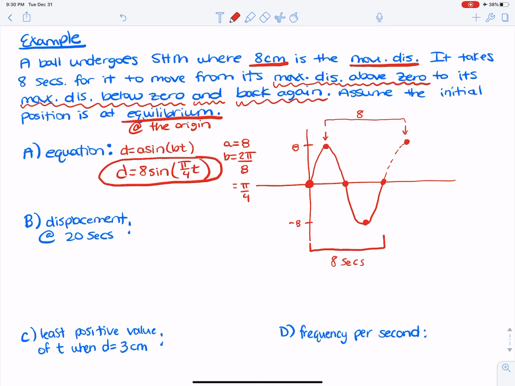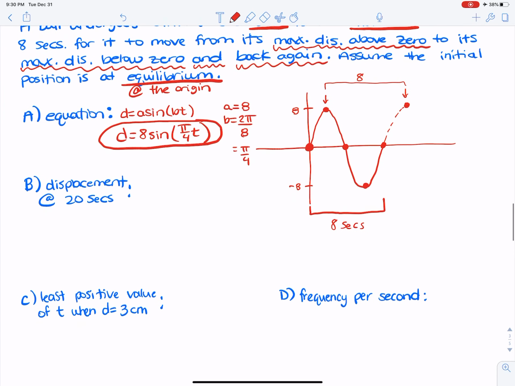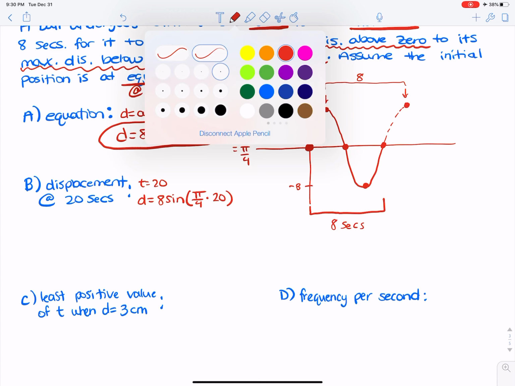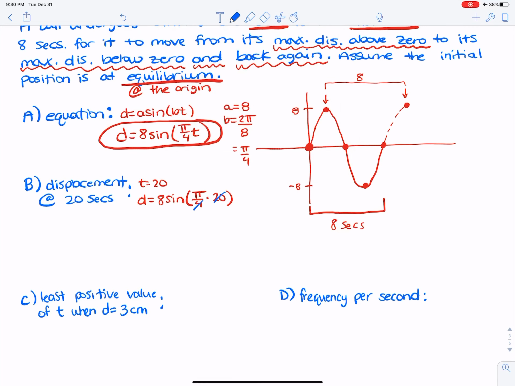With that one. Now B. What is the displacement at 20 seconds? Okay, at 20 seconds, so not D equals 20, that's T equals 20. So D equals 8 sine pi over 4 times 20. Let's go ahead and simplify this.